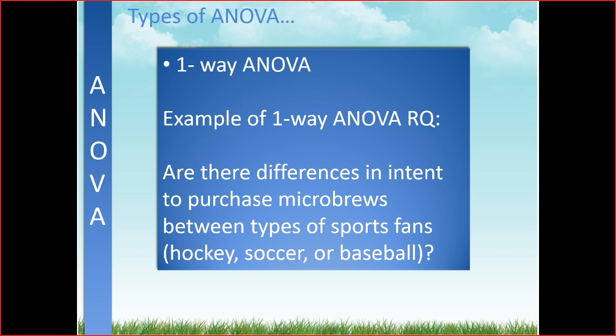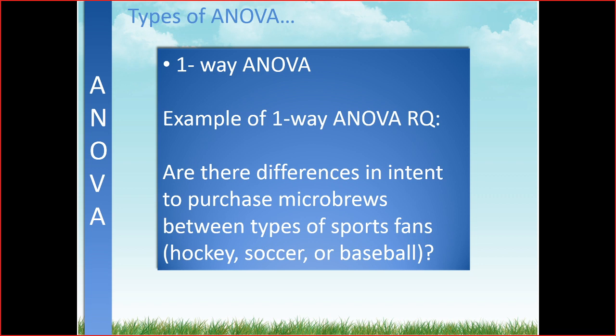So it's a continuous variable. But we want to break it down to see if we should be marketing particularly to hockey, soccer, or baseball fans. Those are categories of fans, and say those are fairly different populations in the U.S. So we want to see if there's any statistically significant difference.